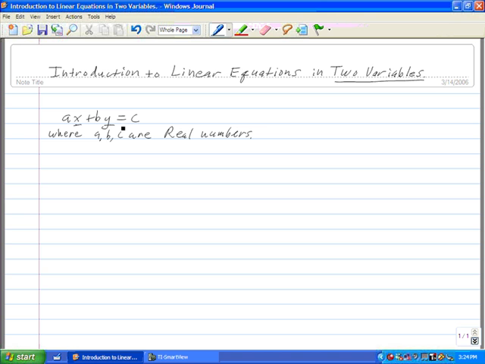What we need to emphasize about this form is that both the x and the y are going to be raised to nothing but the first power. When you're raising a variable to the first power, you don't have to write down the power. You can just assume it. So we want to see no second powers, third powers, or anything like that.